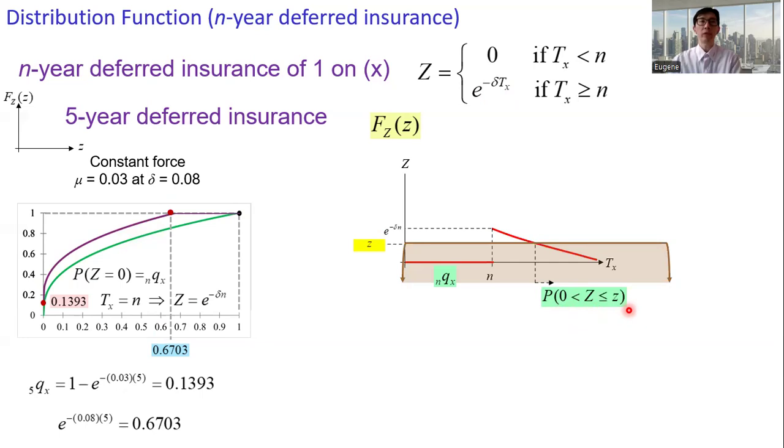And therefore, the CDF for deferred insurance equals nqx plus the probability of this. And the second term is the same as the CDF value for the whole life insurance. That is, the CDF for the deferred insurance is simply the CDF of the whole life insurance moved up by a value of nqx, with the condition that the maximum value of the CDF is 1, and then it stays constant thereafter.